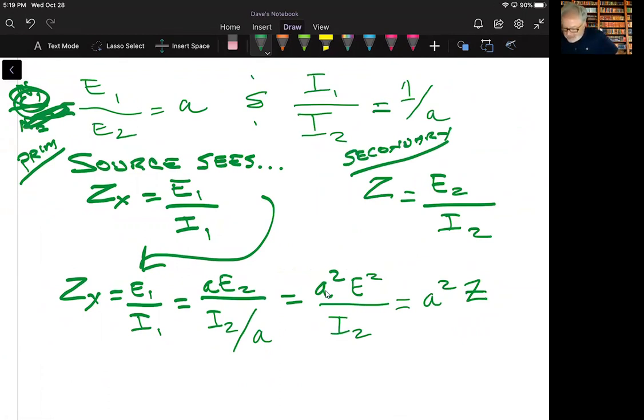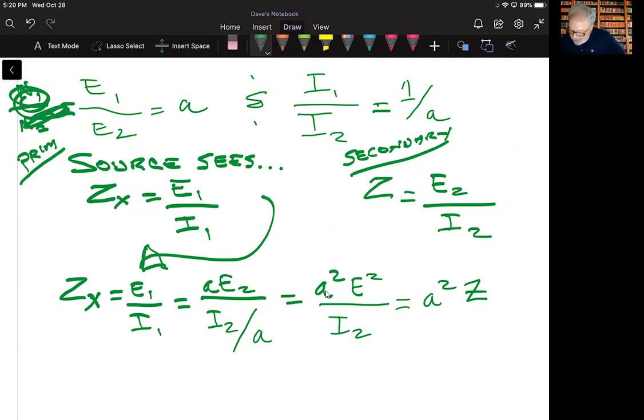Okay, so if that is the case, then I can do some things here, and it's really simple math of replacing defined quantities. The source sees this impedance that we're calling Z sub X, defined as E1 over I1.